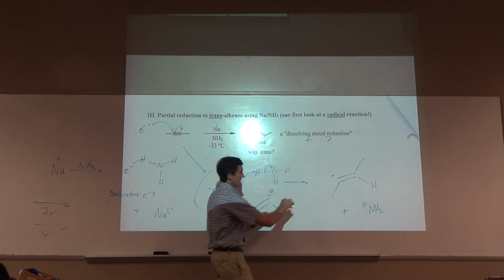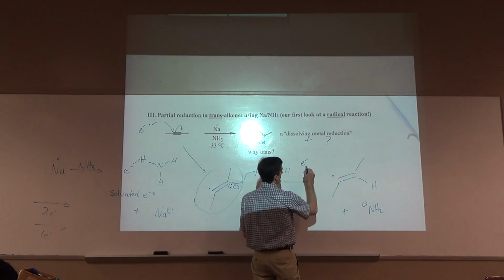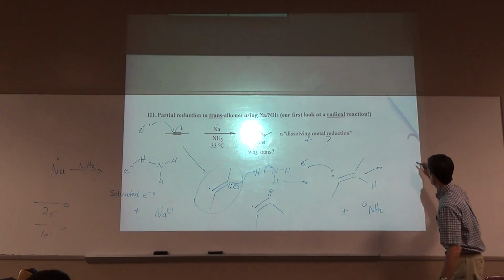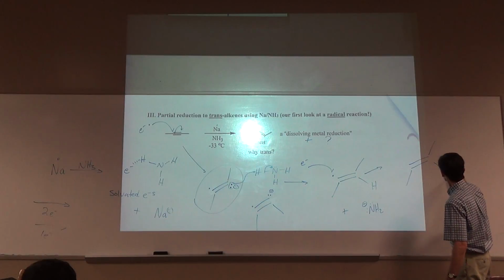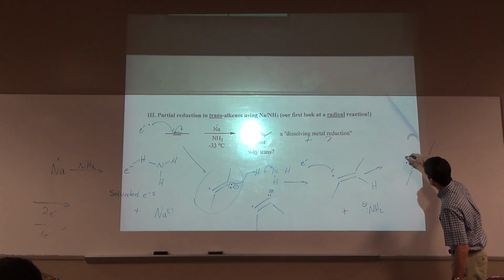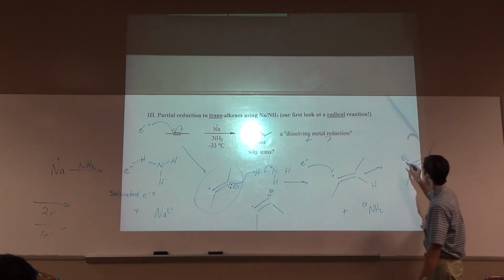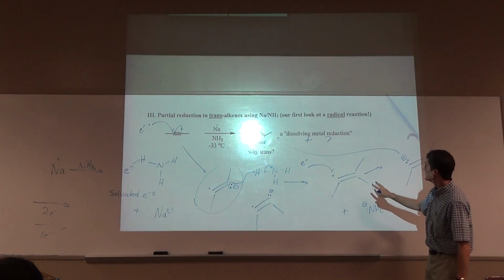At this point, we need another electron here. Another solvated electron pumps in here, and we get now two electrons. Now the charge is minus, and basically we're repeating the process.